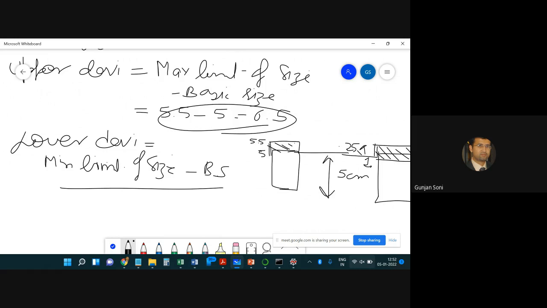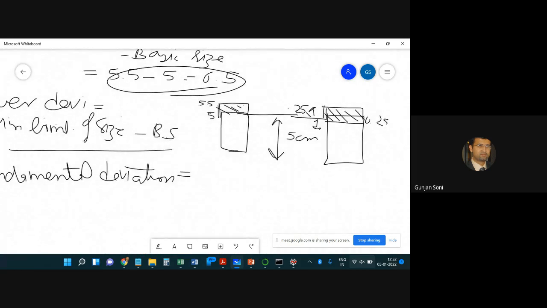And then, do you have fundamental deviation? This term is the most important term, fundamental deviation. It is the minimum difference between the size of a component and its basic size. So it could be upper deviation, it could be lower deviation. Let me write that.